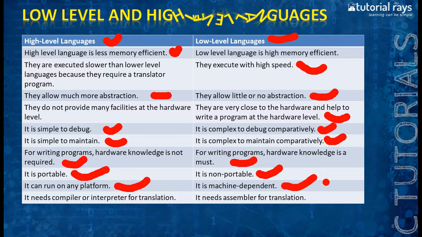If you write low level language for a specific platform, then it runs on that one only. High level language needs a compiler or interpreter for translation, while low level language needs an assembler for translation. So these are the differences between low-level and high-level languages.